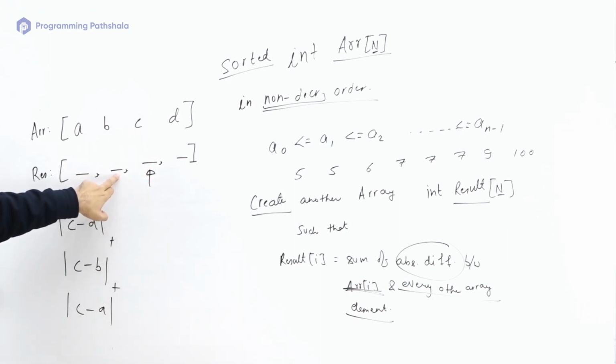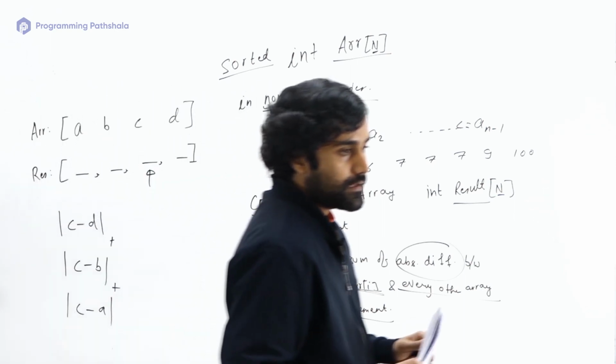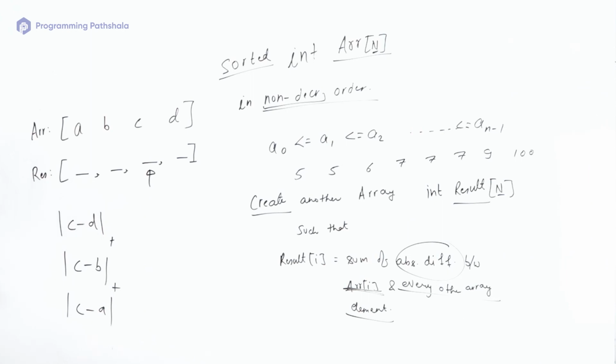So when you come here, the value over here should be the absolute difference of CB plus absolute difference of DB plus absolute difference of AB. Similarly, when you are here, the value that should come over here should be absolute difference of BA plus absolute difference of CA plus absolute difference of DA. So is the question clear now, that what is expected in the result array?